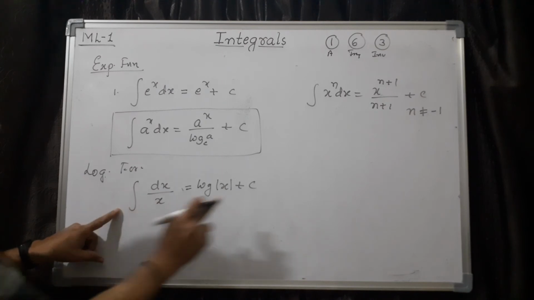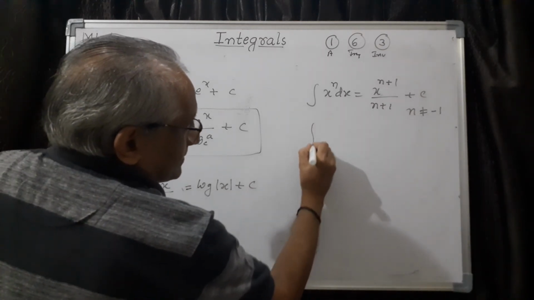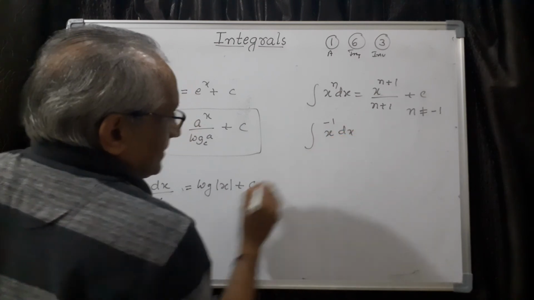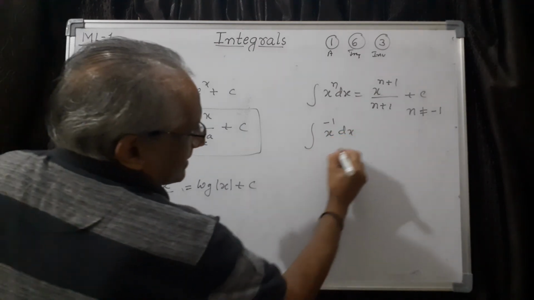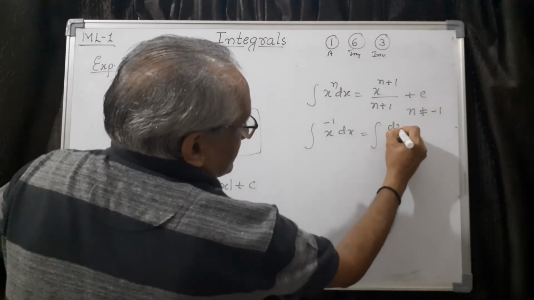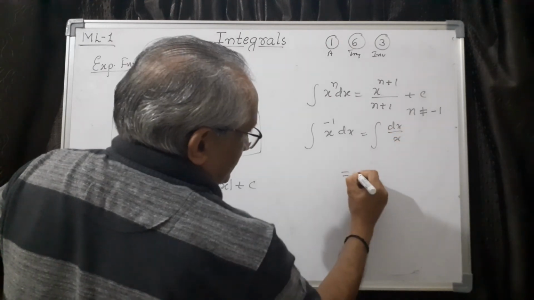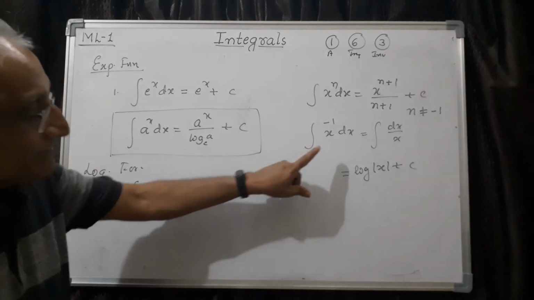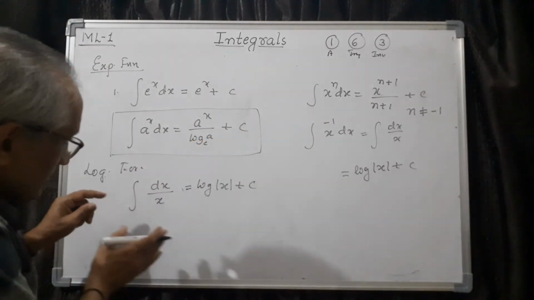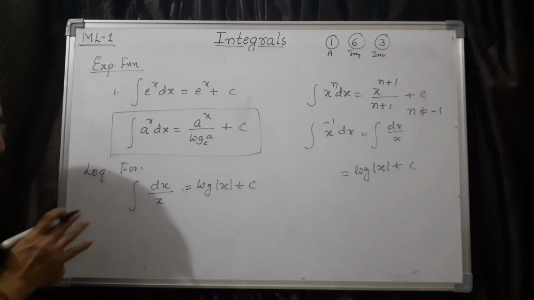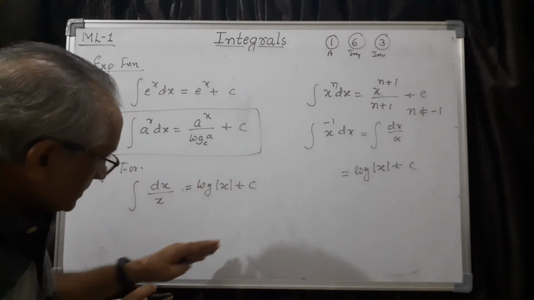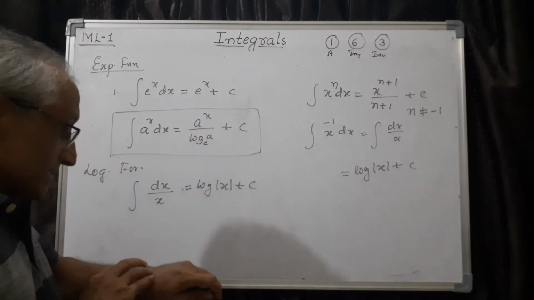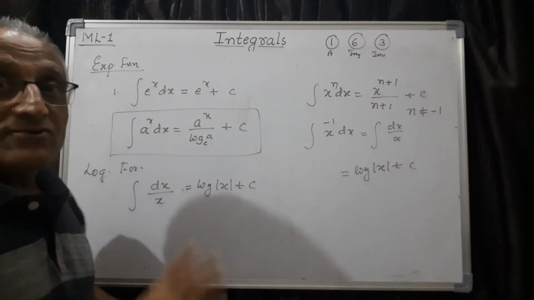This is exactly when n equal to minus 1, because this becomes x power minus 1 dx. And x power minus 1 dx is the same as integration of dx by x. So this is log of mod x plus c. Therefore, this is a special case of this one only. But you remember it, because log is a separate function you have studied, and under the log you can remember this. Therefore, this is the list of formulas we have to remember.